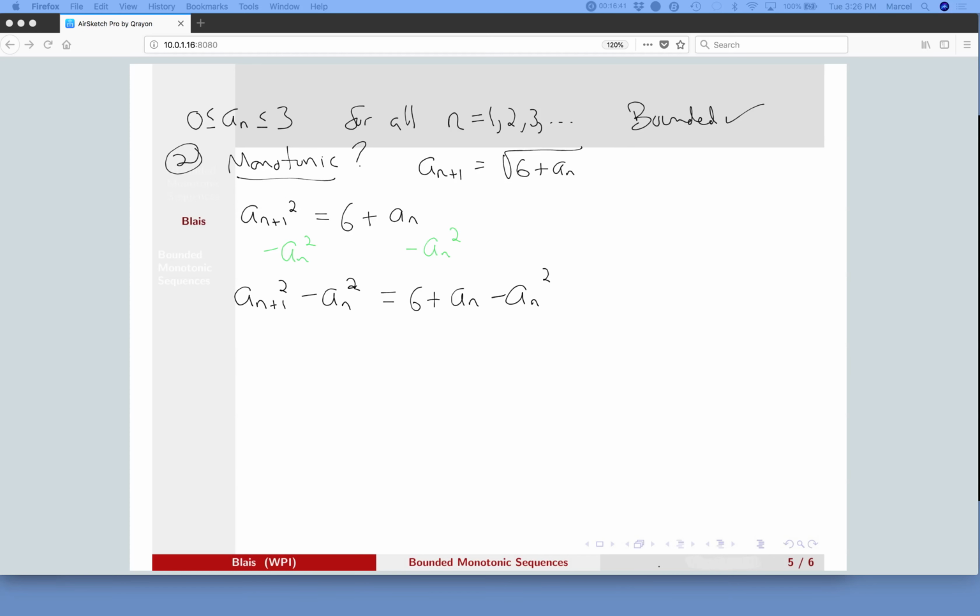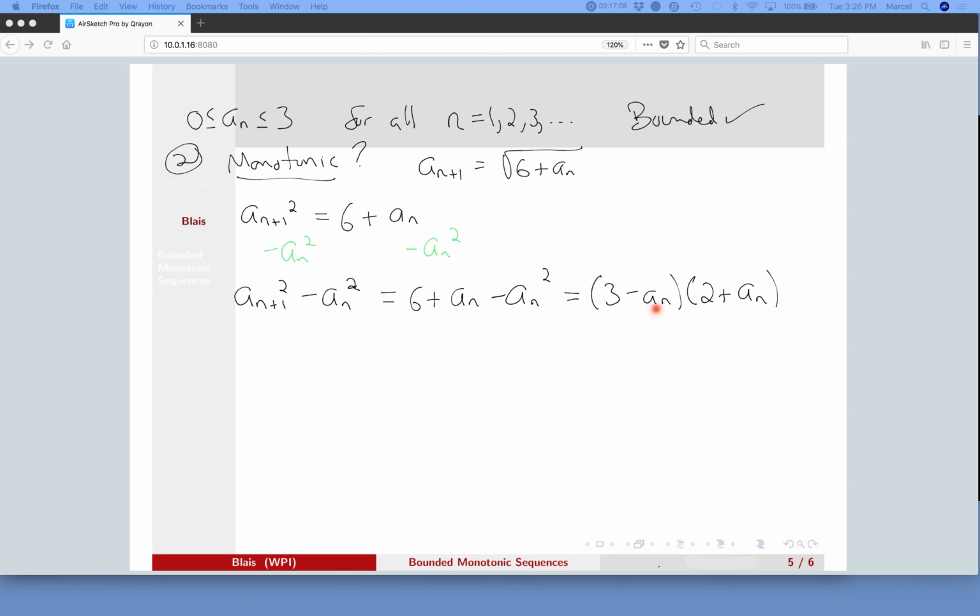And this right-hand side factors into 3 minus a sub n times 2 plus a sub n. Now remember what we argued before. We argued that every a sub n was less than or equal to 3 and bigger than or equal to 0.